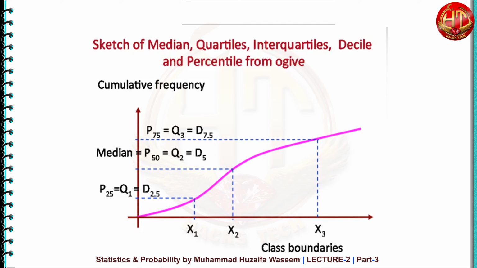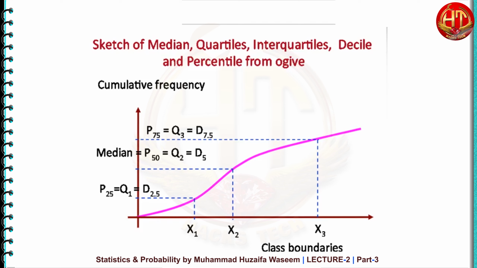Okay, and a horizontal straight line is drawn from the group highlighter value, which is summation of fi divided by 2, or summation of fi divided by 4, then summation of fi divided by 10, and then 100 for percentile, decile or quartile.